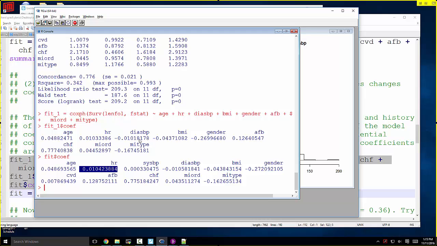Diastolic blood pressure, minus 0.01. BMI, roughly the same. Gender, roughly the same. AFB, roughly the same. CHF, myocardial infarction, and MI type. They all look roughly the same.